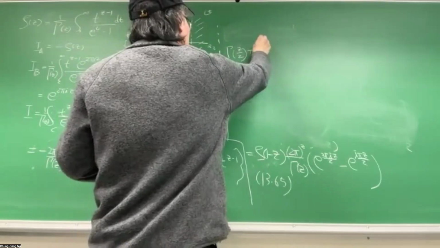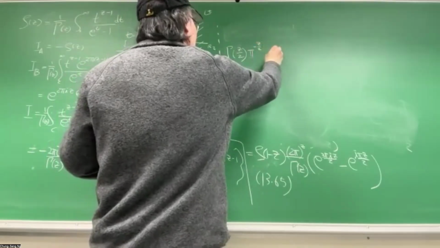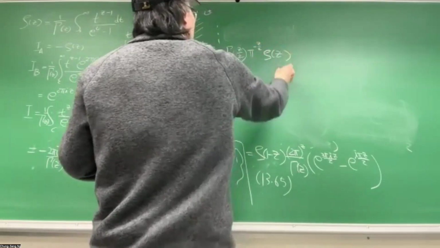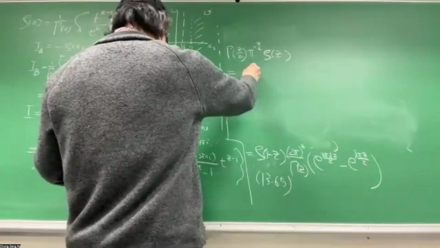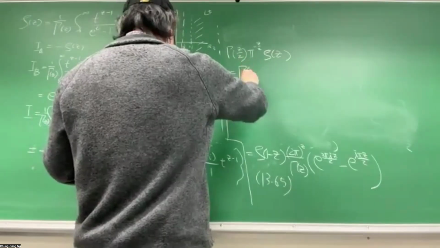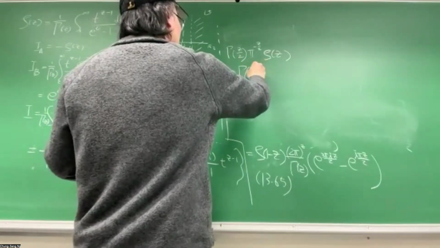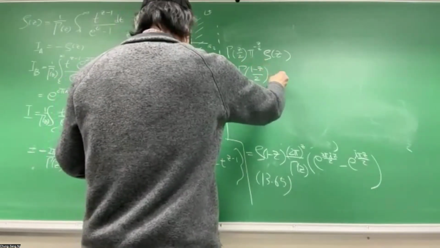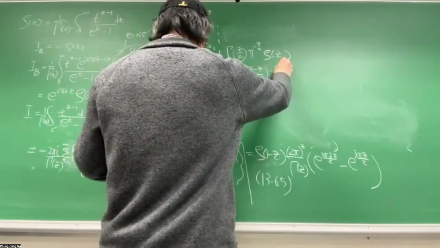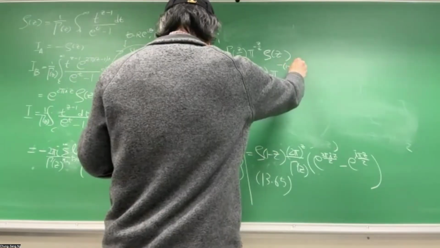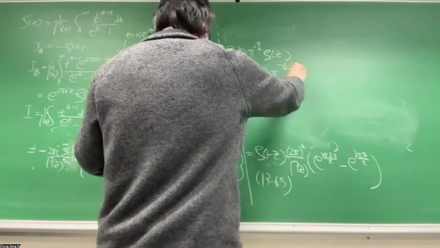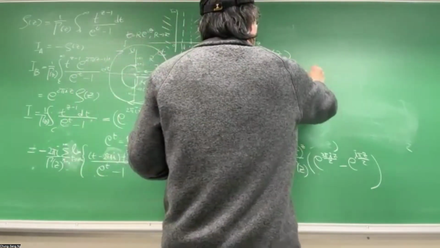This is a pi over 2 zeta z, and that is equal to gamma, over 2 minus 1, zeta minus z.